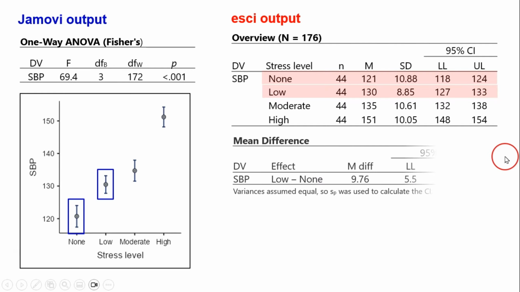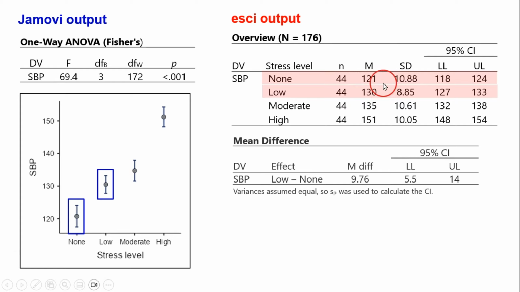So then the next table that shows is a little bit more of a breakdown for that mean difference for the contrast. So let's look at that. You see this mean difference table that ESCI gives us. So there's the dependent variable, systolic blood pressure, and the effect is the low minus none, and we get 9.76. So that is the means subtracted from one another.